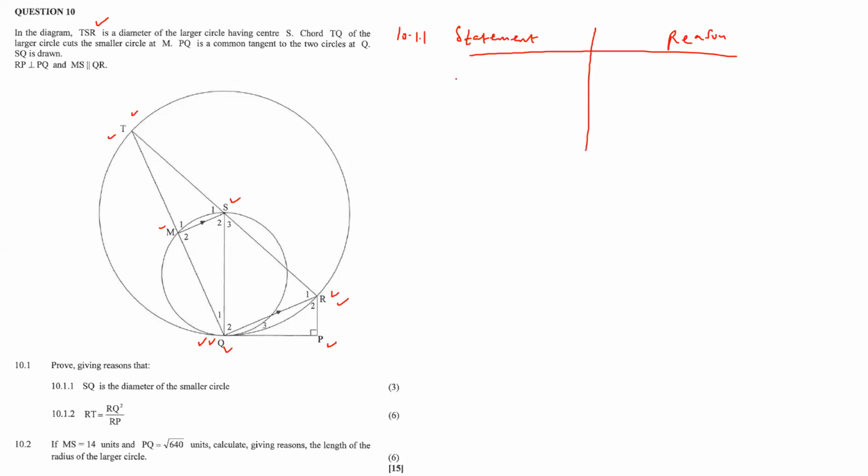What is the statement? The statement is that angle Q1 plus angle Q2 is equal to 90 degrees. In other words, this angle here is 90 degrees. Why? It is an angle in a semicircle.